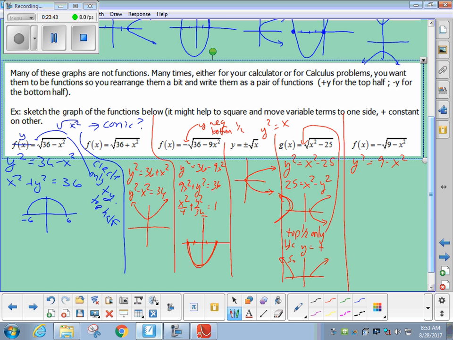That feels like hyperbola because it's got a negative, so on that surface it seems right. But when I move x squared over, remember the idea is to get the x's and y's together. At that point it starts to feel like circle. Top half, bottom half. Well, if y is negative, it's bottom half. You follow? Okay.